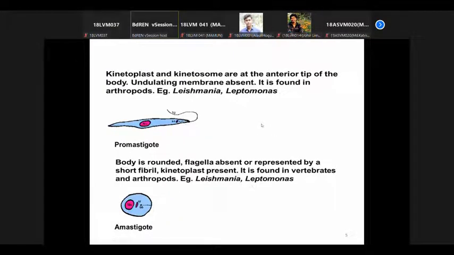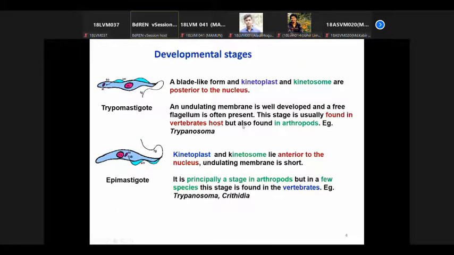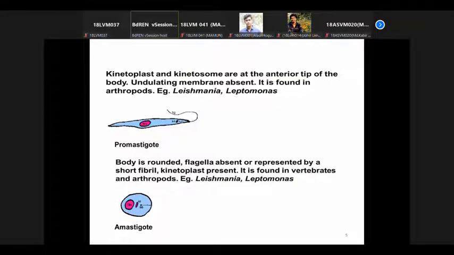Maybe you need to know their features, their structures, whether kinetoplast and kinetosome are anterior or posterior to the nucleus, their position, and whether they are found in arthropods or vertebrates, final host and vector.